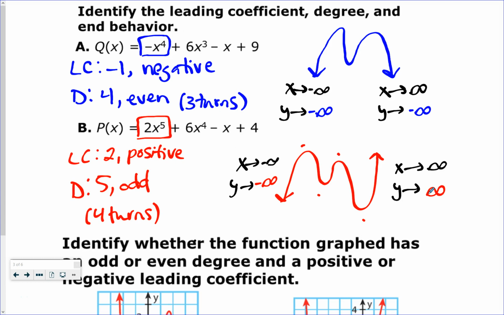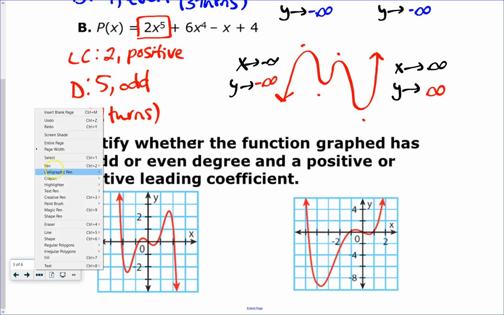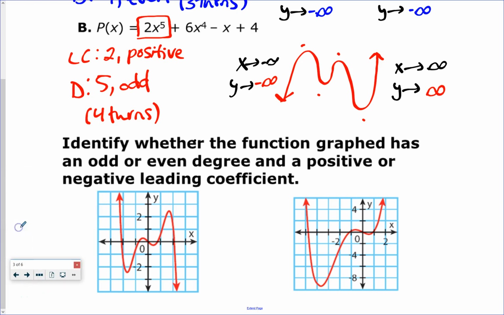All right. Now let's go from a graph, though. From a graph, it just wants to know leading coefficient and degree. Is it positive or negative? Is it odd or even? That's all it wants to know. So, looking at this, my leading coefficient matches what the end is doing.